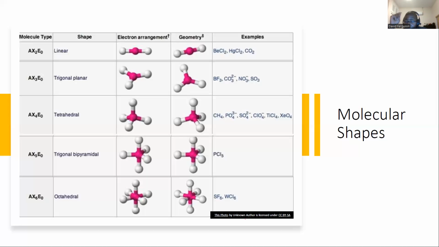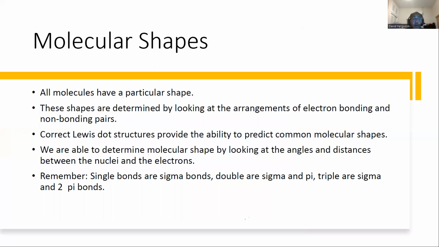I can have 3 electron groups, but one of those groups can be a lone pair. If one is a lone pair, instead of it being trigonal planar, it will be bent. We'll get to that later on. So octahedral, for example, sulfur hexafluoride. All molecules have a particular shape.